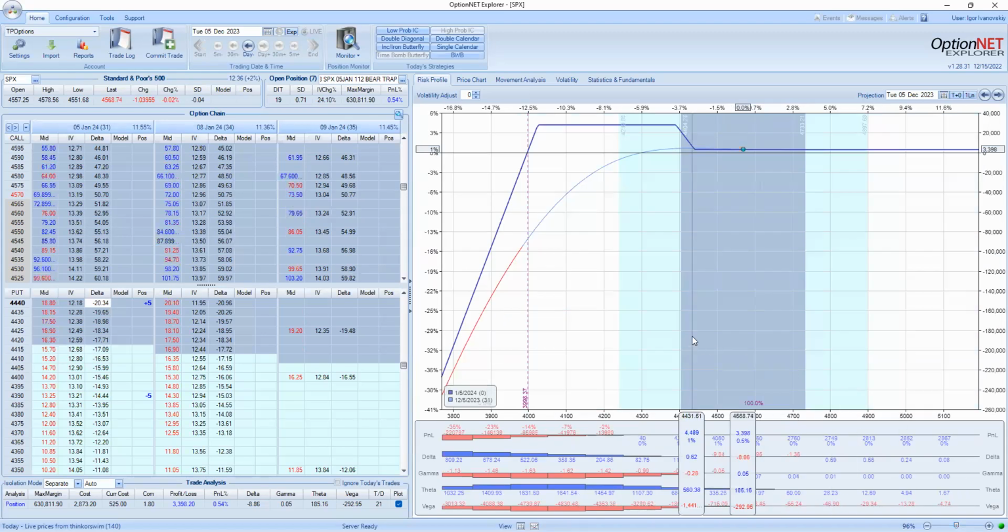And if you want to go one step further, you can guesstimate the probability of touch, meaning what is the probability of SPX touching 44.40 before expiration, you look at the delta and you multiply that by 2. So there's about a 40% chance that we may still tag this 44.40 strike anytime between now and expiration.